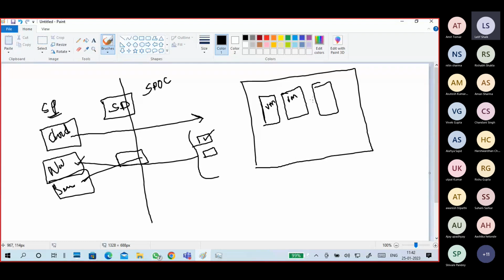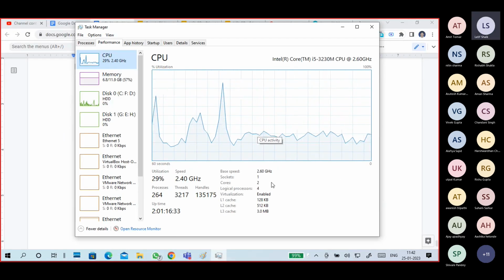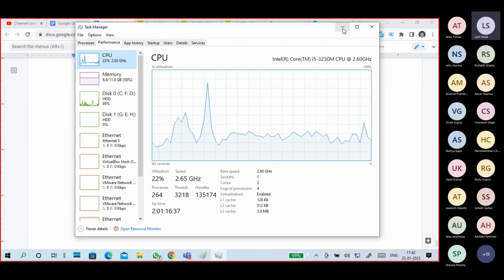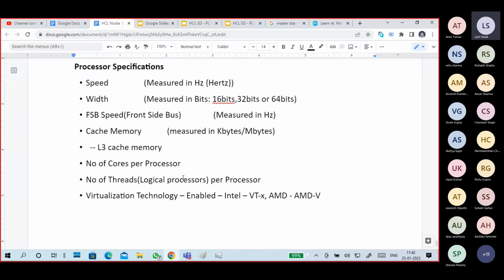You can run different types of operating systems and applications in these virtual machines. So this is a single physical machine. In one single computer or laptop, you can run multiple computers as virtual machines. If you want that, virtualization must be enabled to run 64-bit virtual machines.